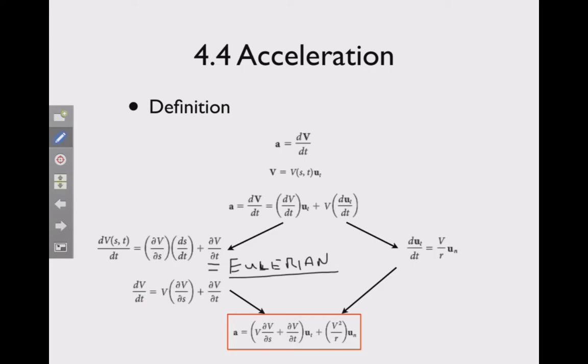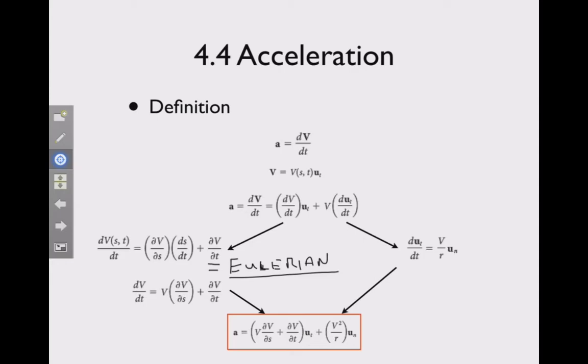That's a nice way of understanding part of what the Eulerian concept is about. So this term becomes v times del v del s plus del v del t, and that's all in the tangential direction.